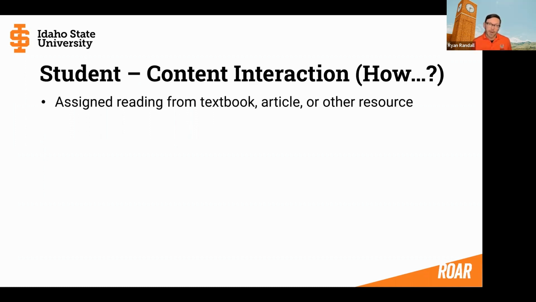Of course, you can assign a reading from a textbook, an article, or some other resource like a video. When you do this, Moodle's book resource is a really handy way to put these resources together. It makes it very nicely laid out on the screen for students to see.